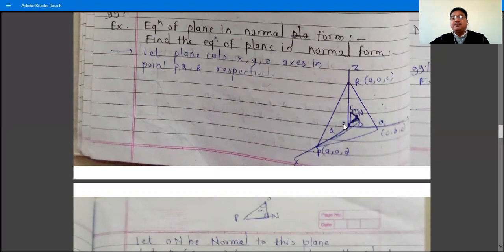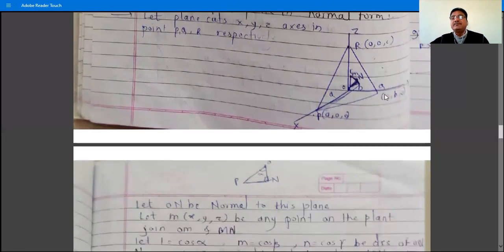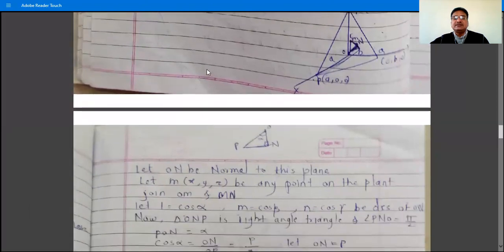Therefore OP is a, OQ is b, OR is c, and the coordinates of point P are a, 0, 0, of point Q are 0, b, 0, and of R are 0, 0, c. So write that sentence.